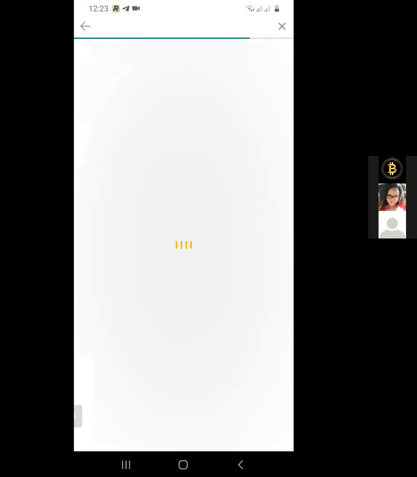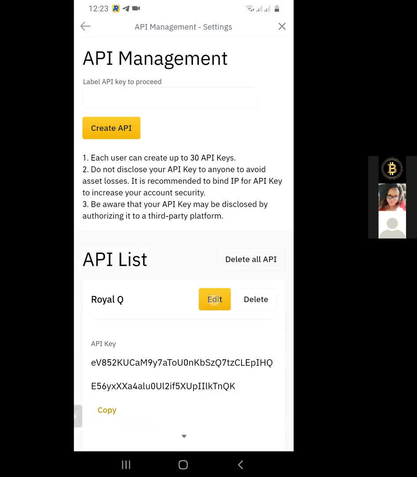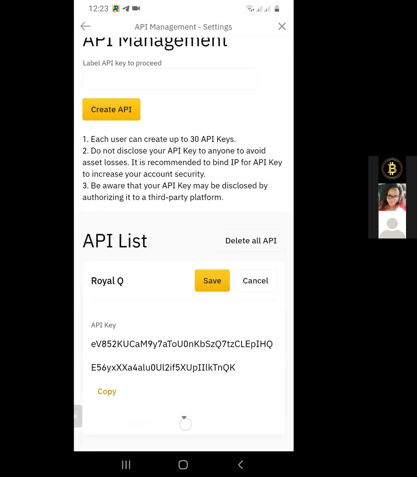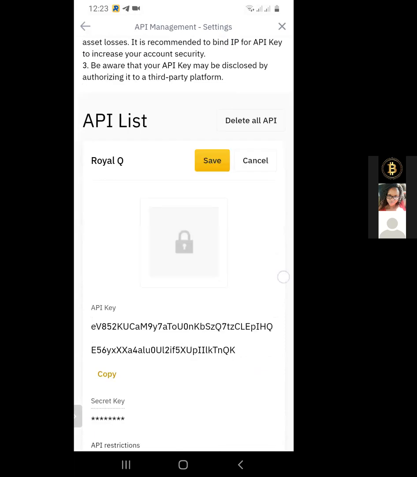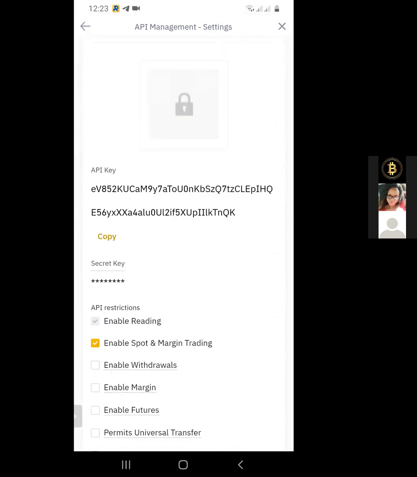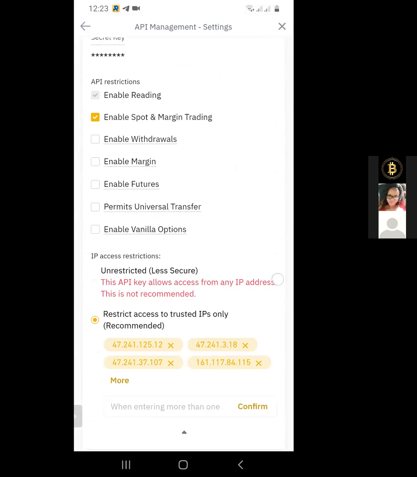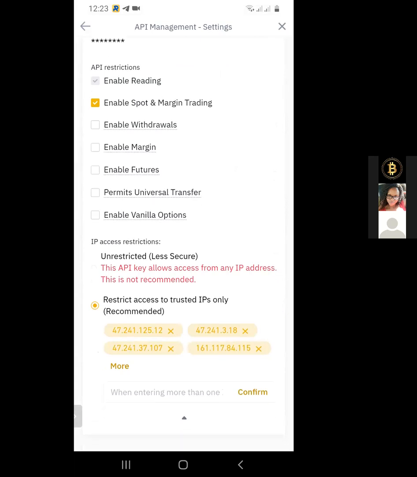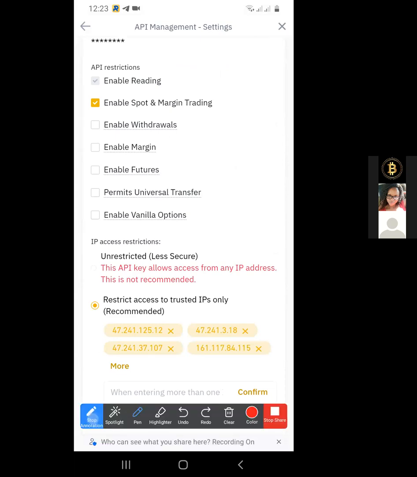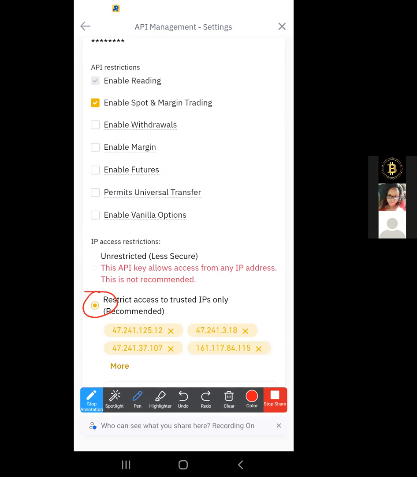And then for the API that's already set, the only thing that you need to do is to just click edit. So you're just going to click edit, open it up, and then you're going to scroll all the way down. This is where you paste those numbers. Now I've already pasted mine, so I don't want to interfere with it. But the only thing you do is select restrict access to trusted IPs only.